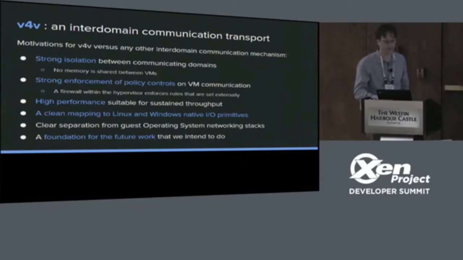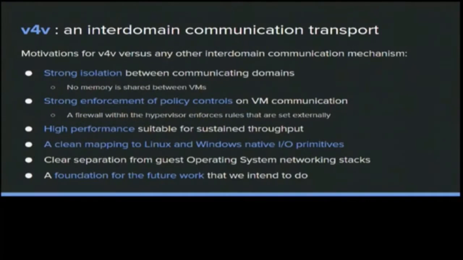So the reasons for OpenXT pursuing its own interdomain communication transport are in pursuit of the security objectives of the project. So it supports strong isolation between domains because there's no shared memory between VMs that are involved in a V4V connection.